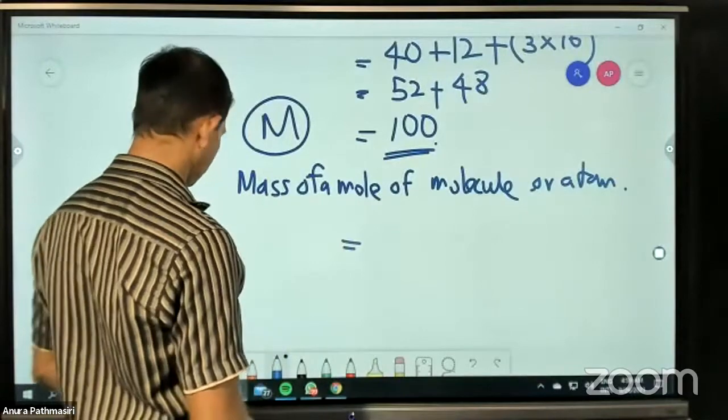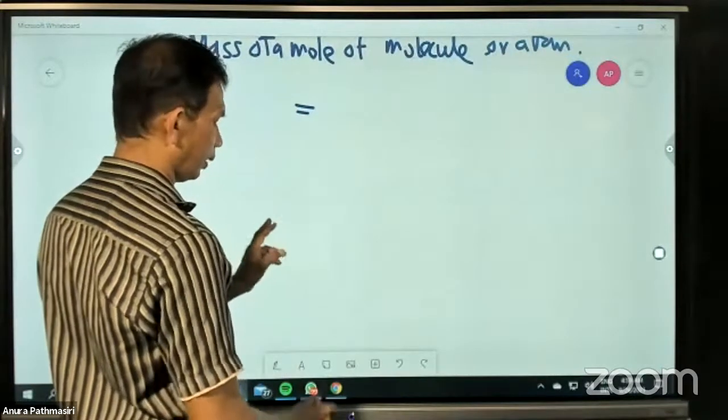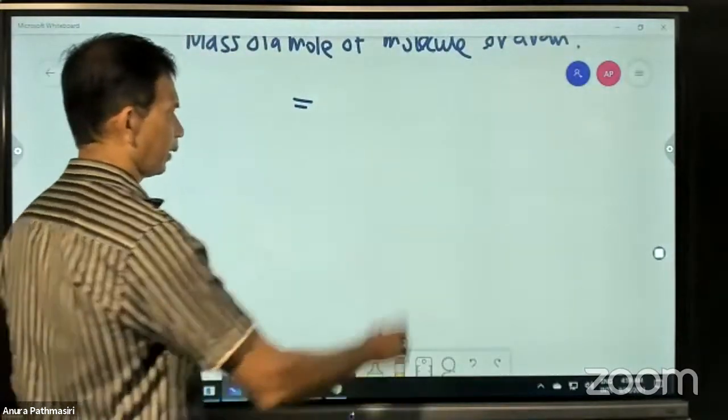Now Avogadro is going to give a wonderful idea in that way.